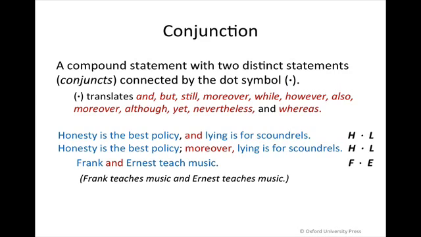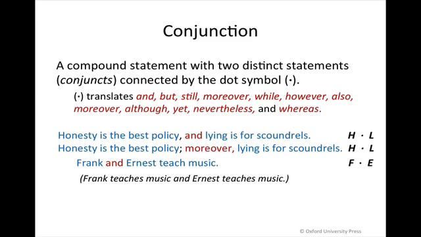So take a look at, for example, honesty is the best policy and lying is for scoundrels. H.L. Now, you might wonder how we get the capital letters that we use for any translation. Typically what we do is we take the first letter of the subject in the sentence, and that becomes the notation for the simple sentence. But we could choose any letters A through Z that we want.